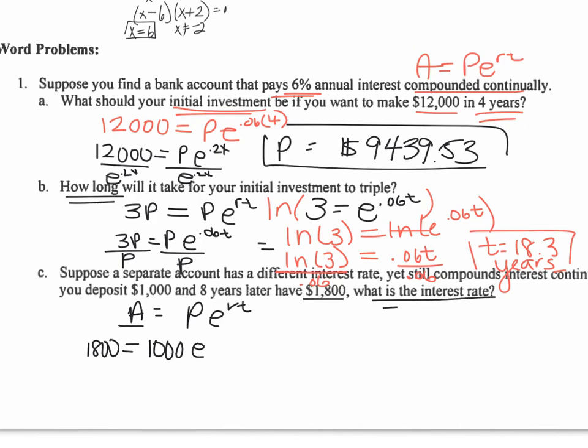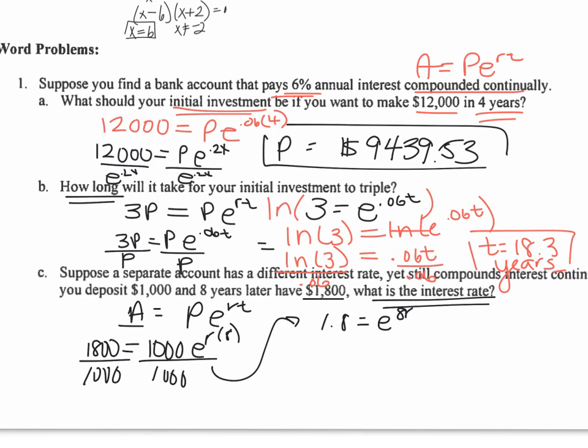What is the interest rate? That's my variable. And in how many years? t is 8. So let's start getting r by itself. I'm going to divide by 1,000 on both sides. Now I have 1.8 equals e to the 8r. To get r out of the exponent, I'm going to apply ln to both sides.